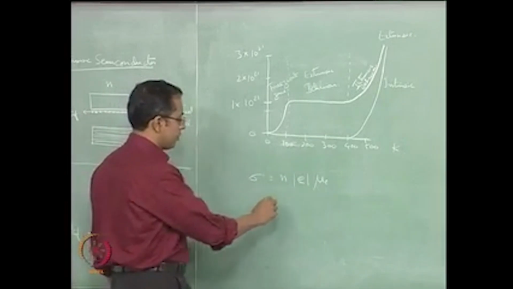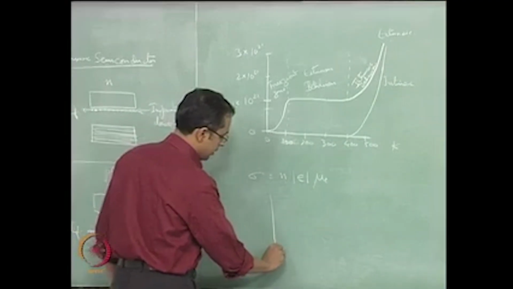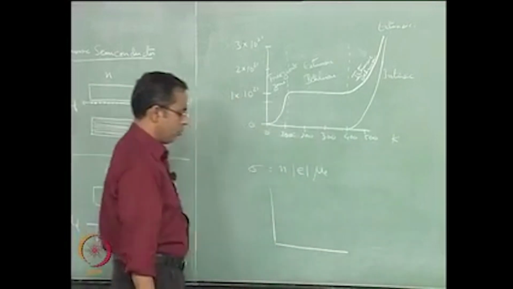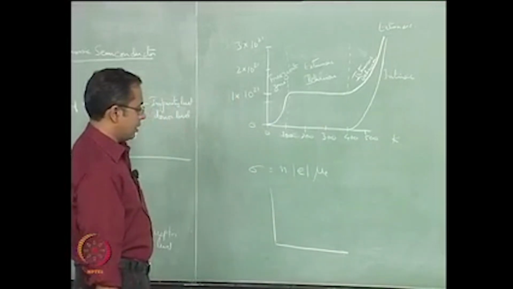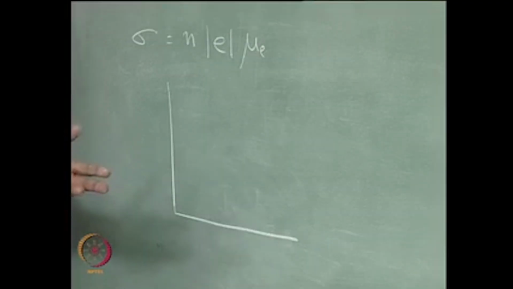So mobility of the electron or mobility of hole, we can look at it as a function of temperature or as a function of impurity concentration.